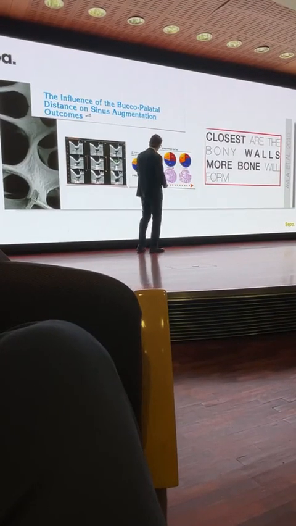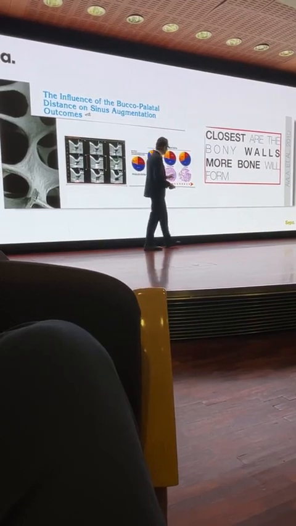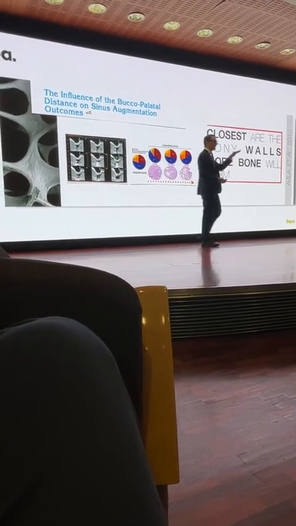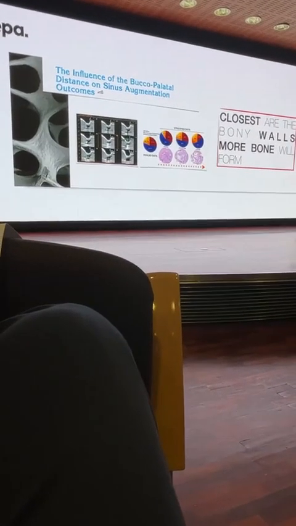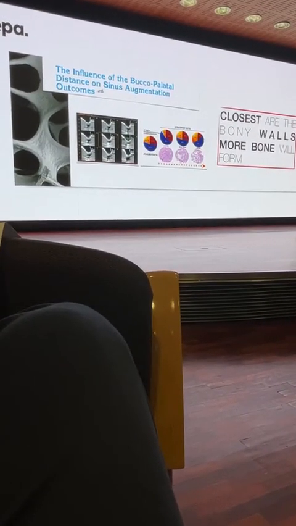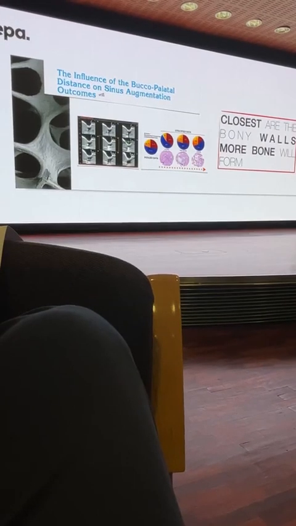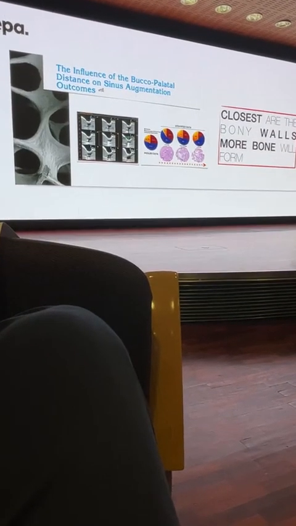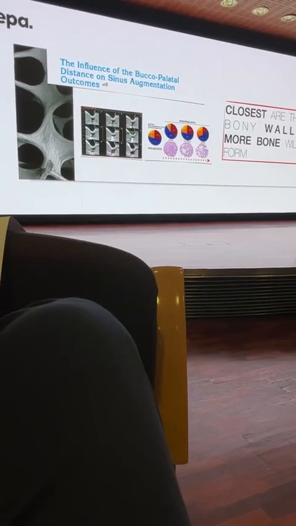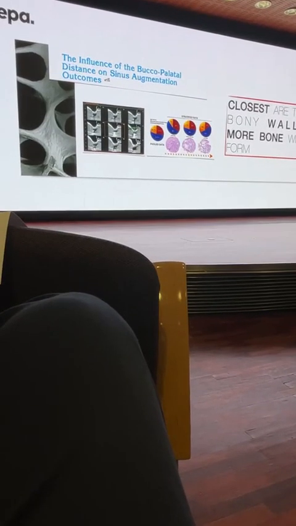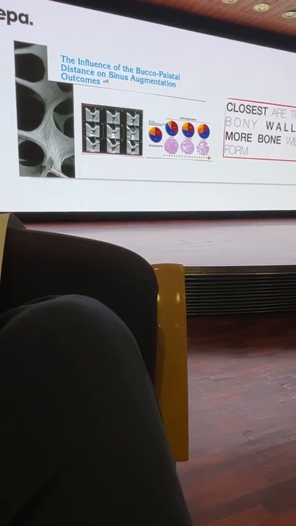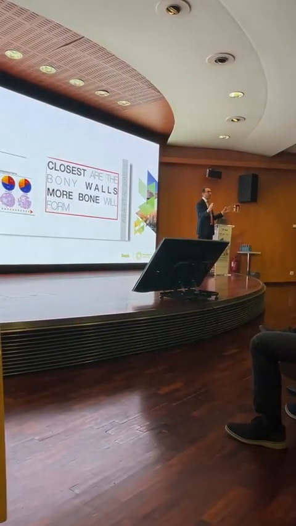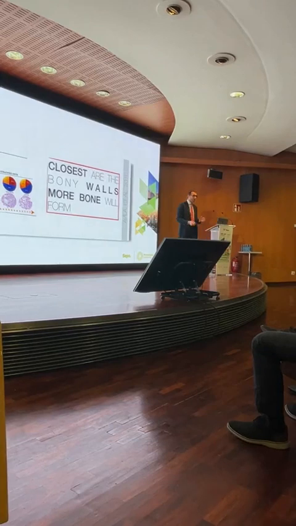So these two elements give us a lot of information regarding the predictability of the process in an area. But just remember that jumping from 10 millimeters to 15 millimeters, I have a decrease in bone formation of 30%. Of 3 times less. So when I'm looking at a deficiency on the crest, and we are talking about 1 missing tooth gap, or 2 or 3 missing tooth gaps, even if the vertical dimension is the same, we have 3 completely different scenarios, with 3 completely different predictabilities in bone formation.